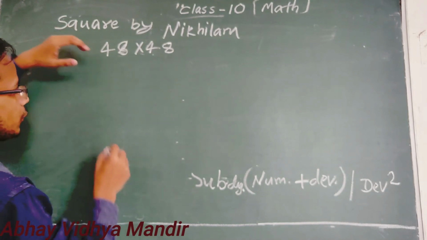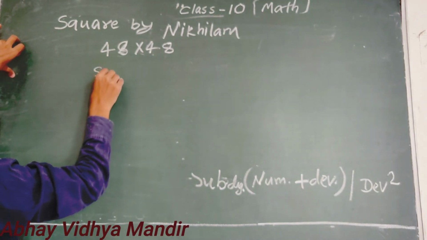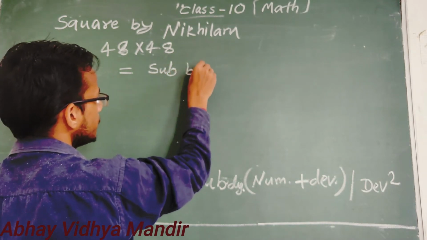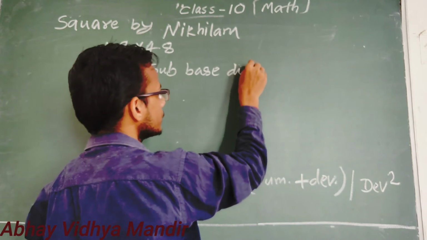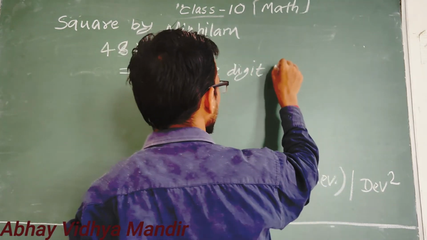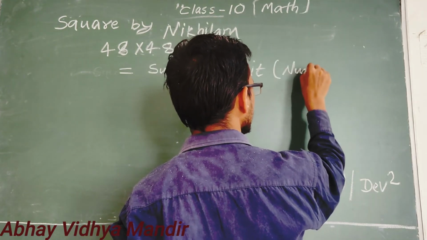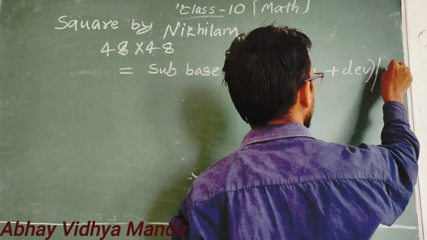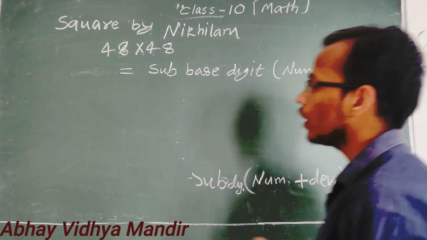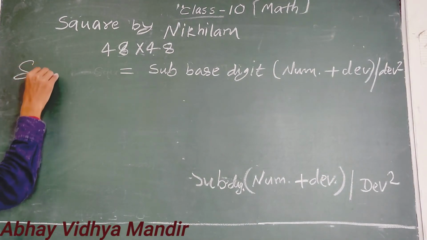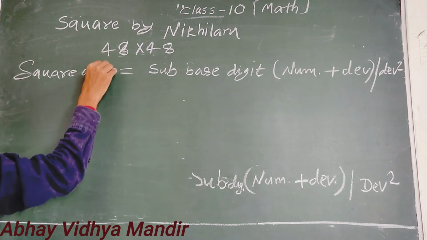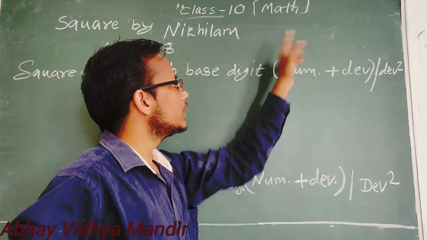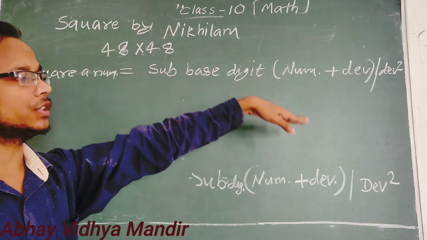So directly we are doing it by the formula. Sub-base digit, bracket, number plus deviation, oblique deviation square. So this is the square of a number. If you want to square any number, what will it be? Always deviation square oblique, bracket number plus deviation, and multiply with the sub-base digit.